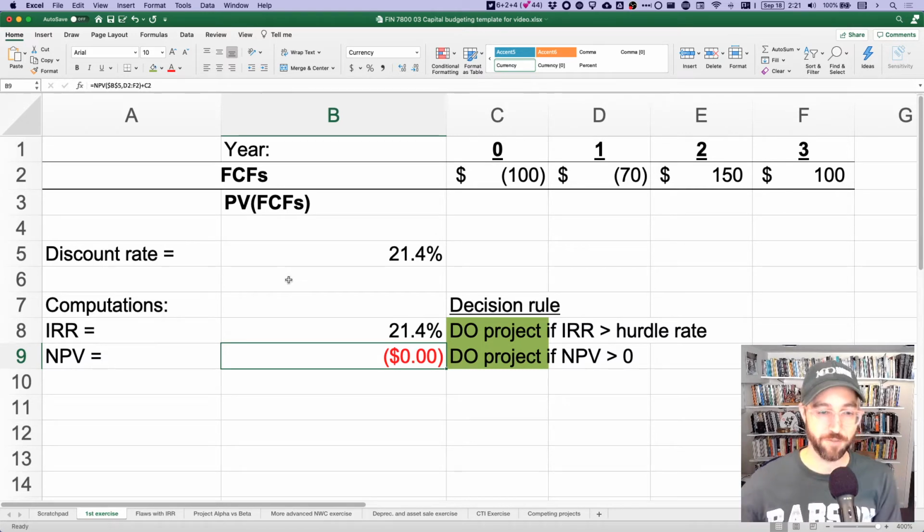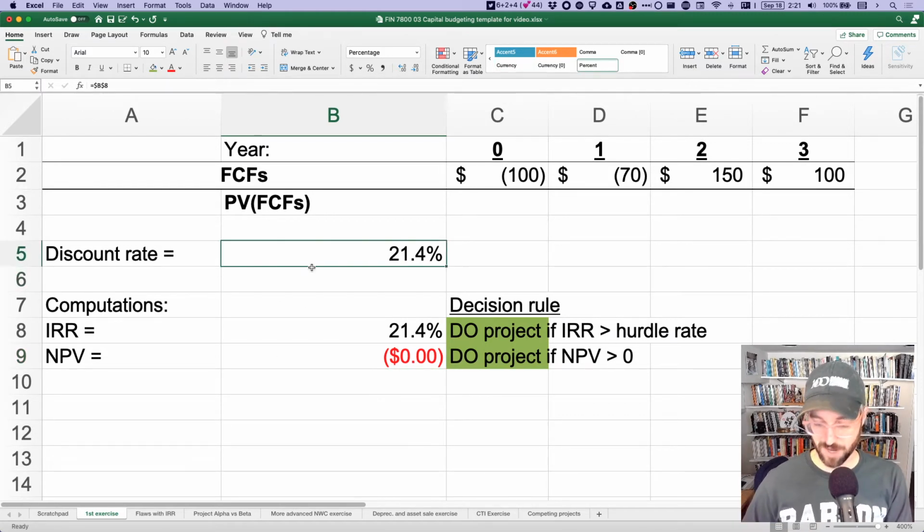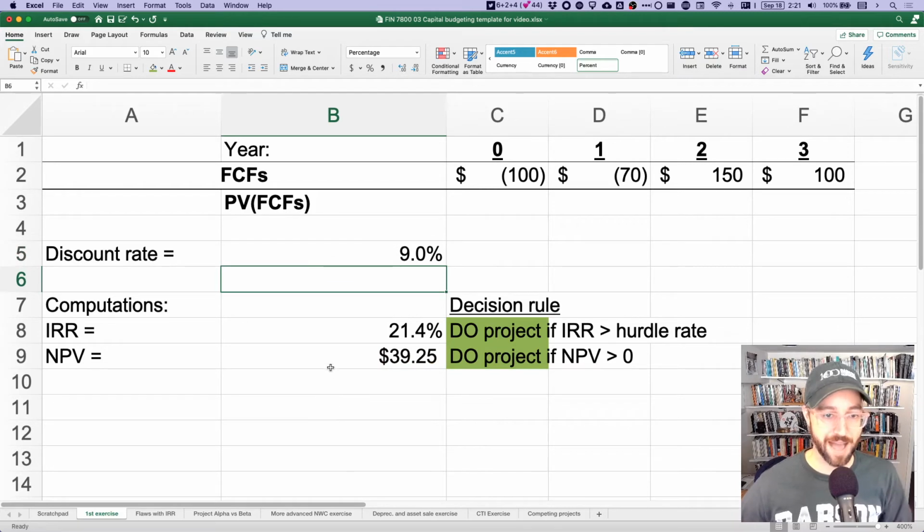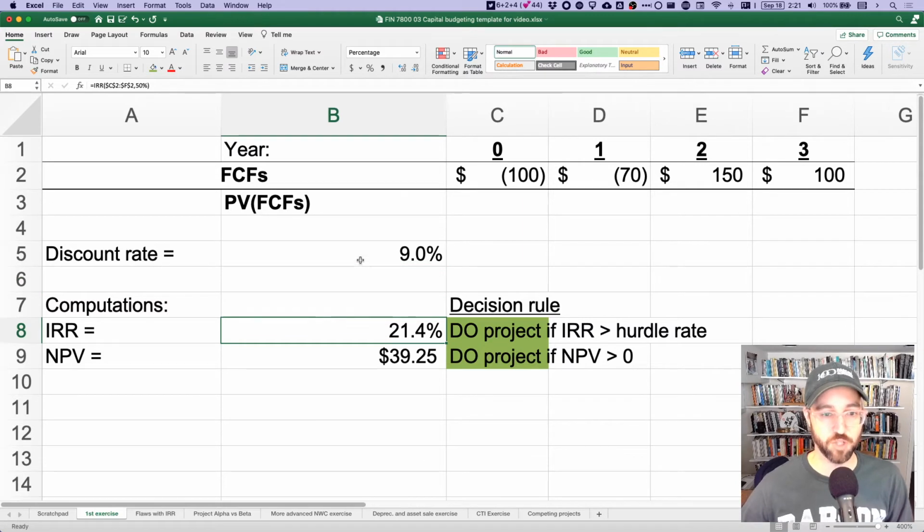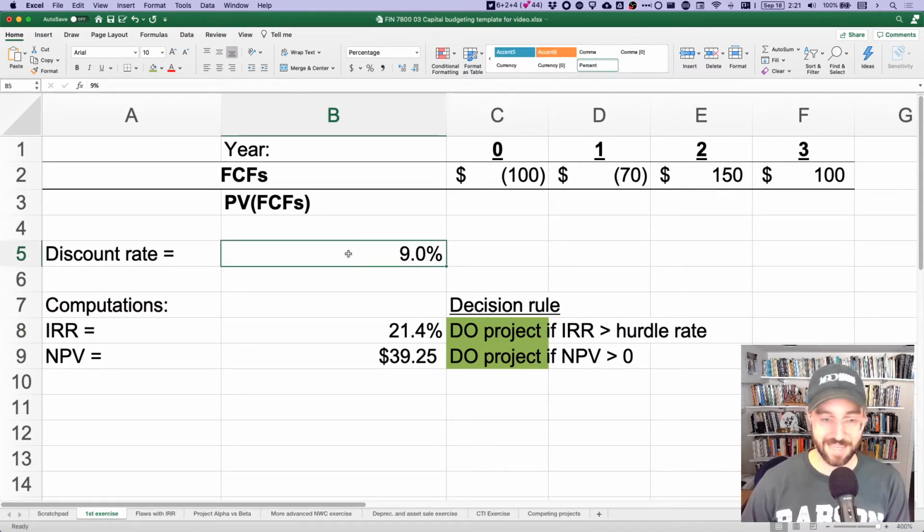And that actually can give you a little bit of an idea why Excel has to do a little bit of work in order to find that IRR, and you might have to put a guess in. So if we go back to the original spreadsheet with the 9% discount rate, this project now has an NPV of 39.25, and you can think about the way that Excel finds this 21.4% IRR is it's basically trying different discount rates in the background. So Excel says, hey, at a 9% discount rate, the project is NPV positive.